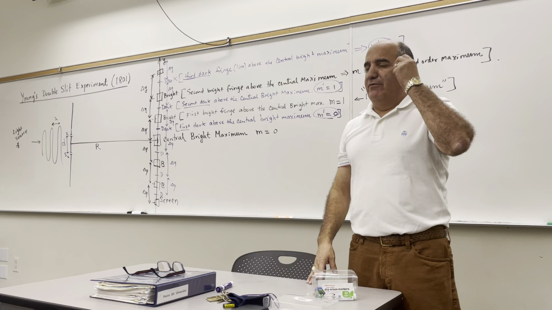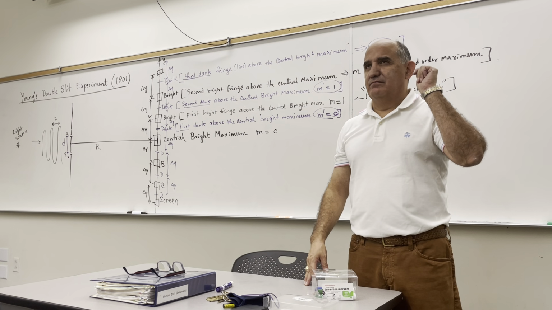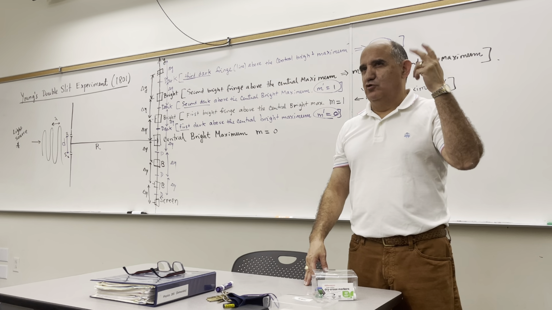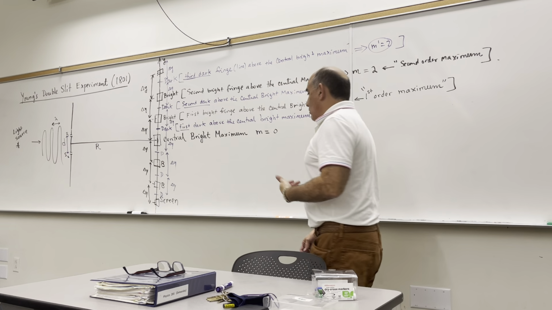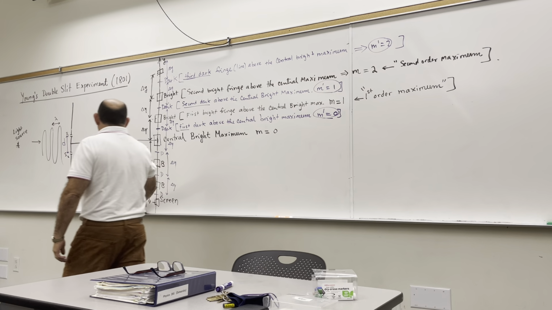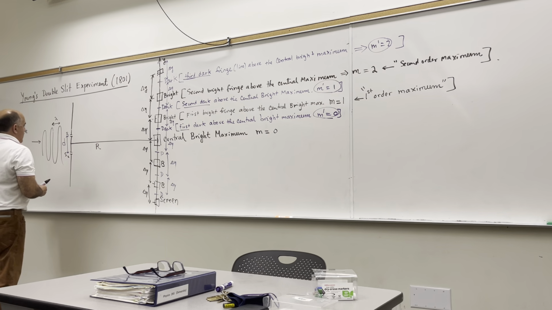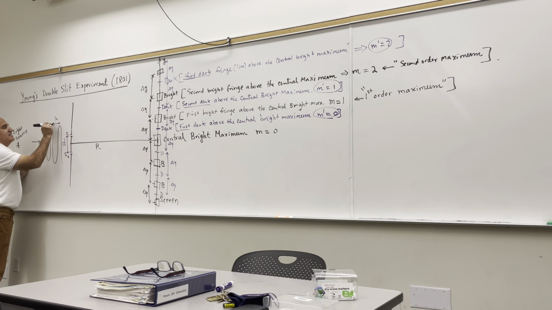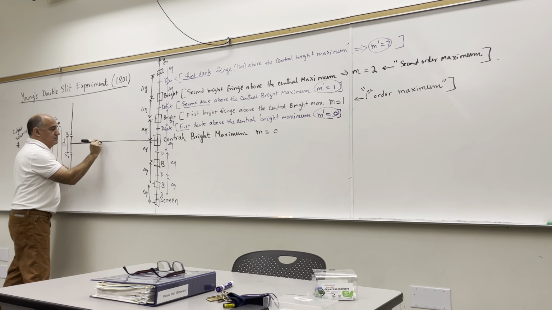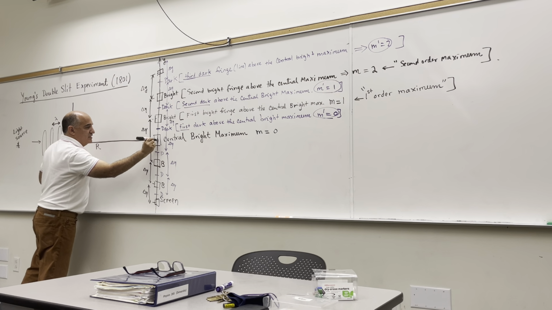The way that I remember it, so that I don't have to do the derivation, is like this. Notice that this distance is horizontal, lambda, and this distance is horizontal, the distance from the slits to the screen, right?